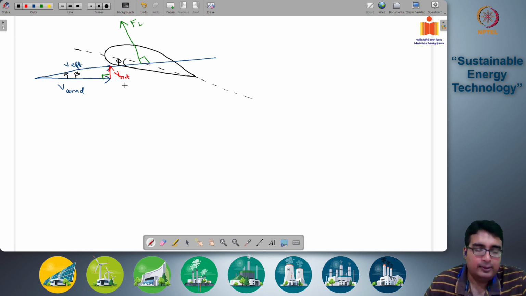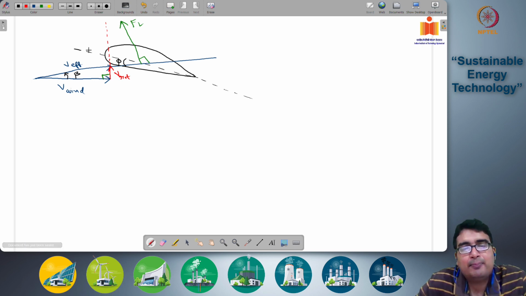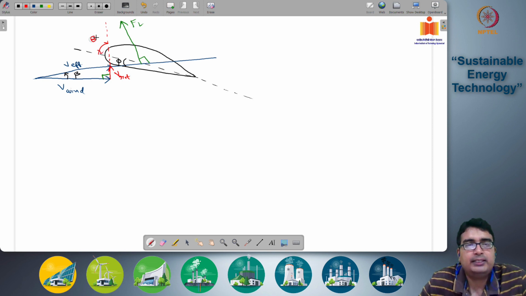Another important angle is the angle that the blade chord makes with the rotational velocity of the blade. This angle is called theta.